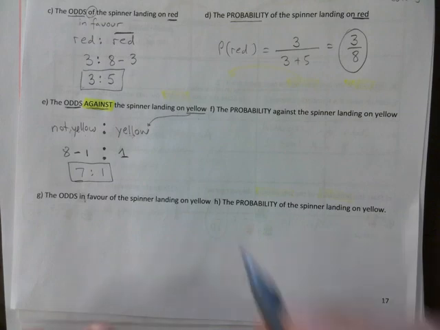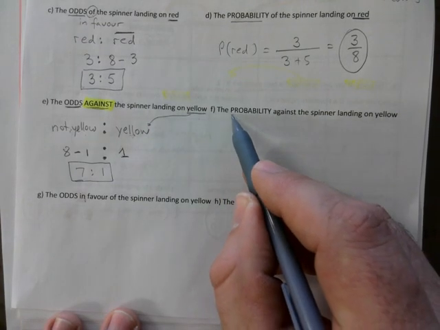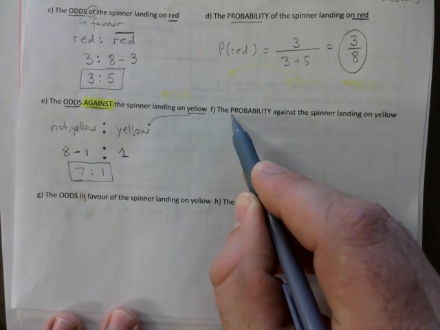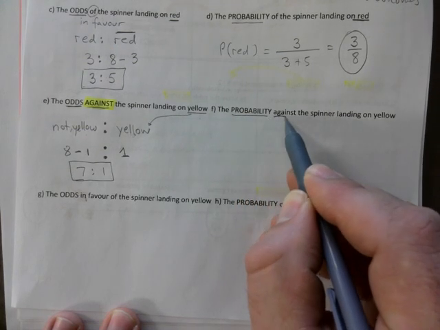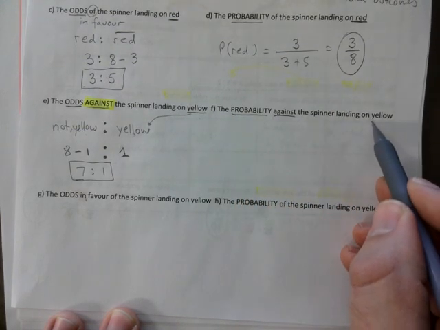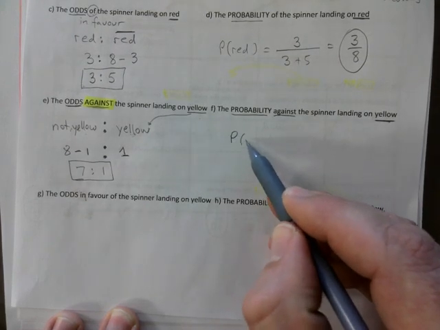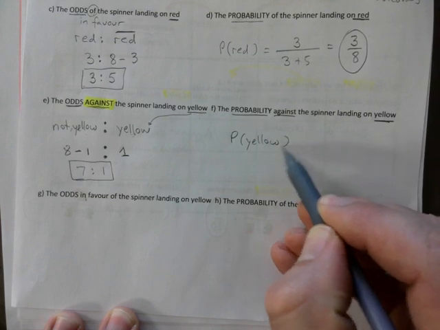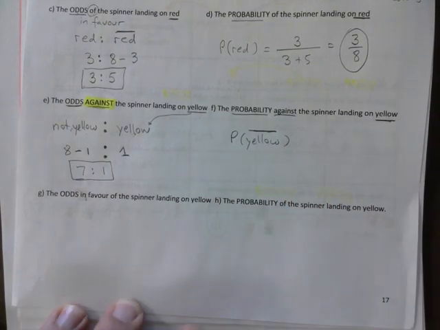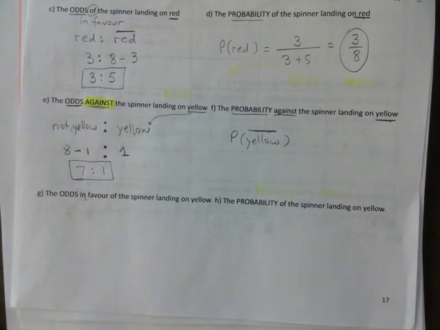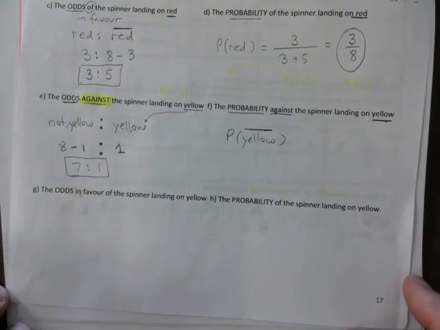Okay. So watch this. You ready for this one? I want you to do it. The probability against the spinner landing on yellow. So you're basically finding that probability. And then I also want you to do G and H. Okay?